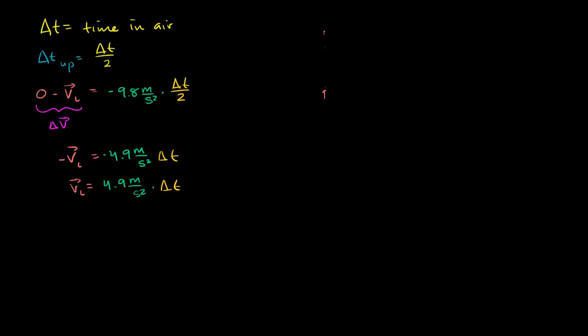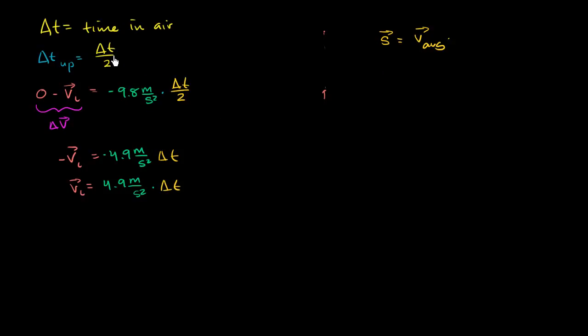So let's figure out the distance that we travel in the time up. That'll give us our peak distance. Remember that distance, or I should say displacement in this situation, is equal to average velocity times change in time. The change in time that we care about is the time up.